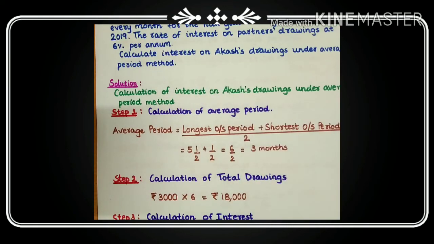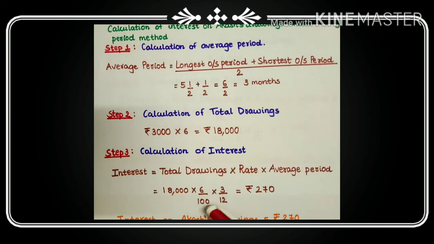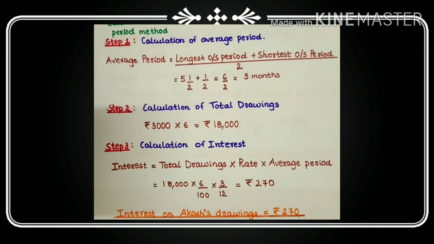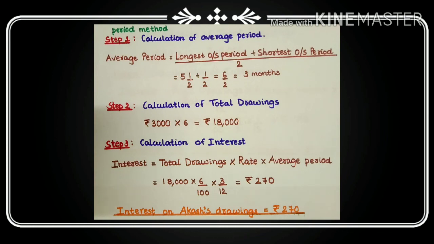So 6 by 100 into the average period, 3 by 12. The formula of interest is into 1 by 12, so I have cross multiplied and directly written 3 by 12. So 18,000 into 6 by 100 into 3 by 12 is nothing but 270. So interest on Akash's drawings is rupees 270.